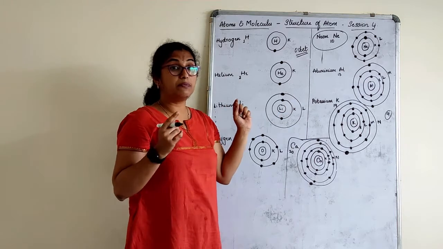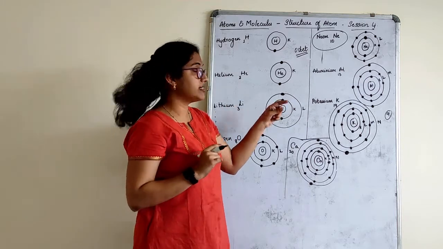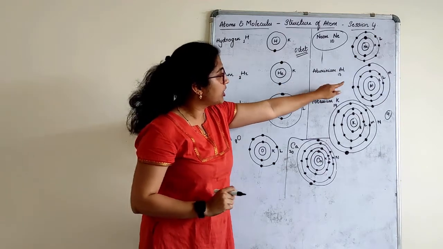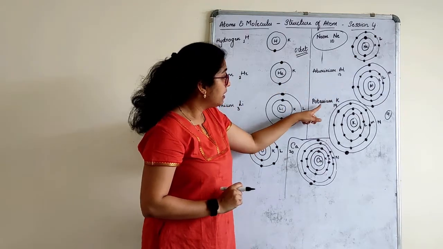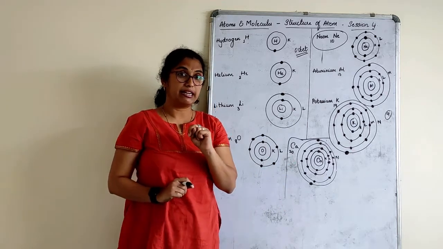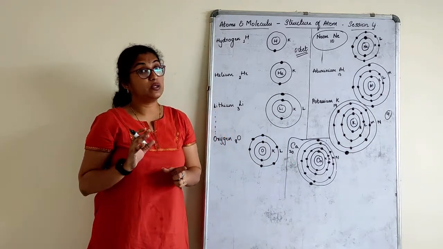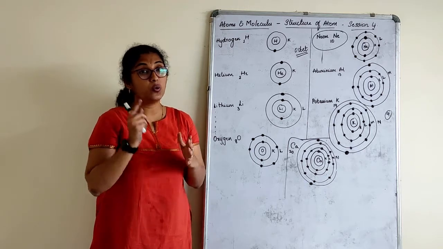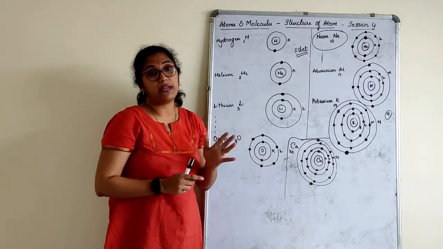Helium has another property. I'll tell you that in tomorrow's class when we learn about valency. Aluminium, last shell, how many are there? 3 are there. Potassium, 1. Calcium, 2. Right? So the last shell is very important. Now what is that about the last shell? I can only teach you tomorrow if you complete this table.